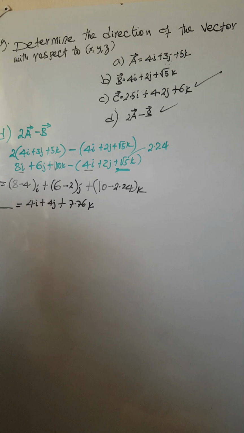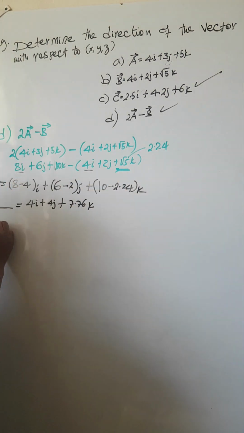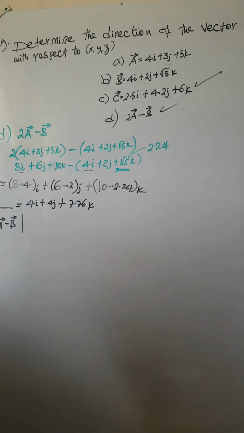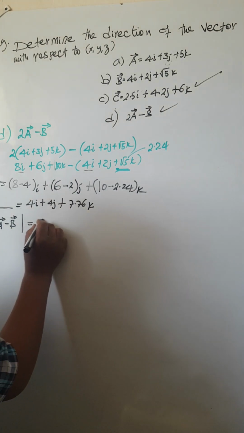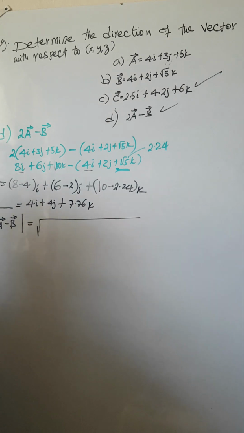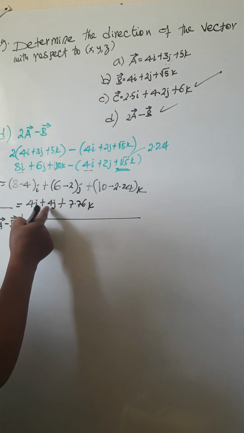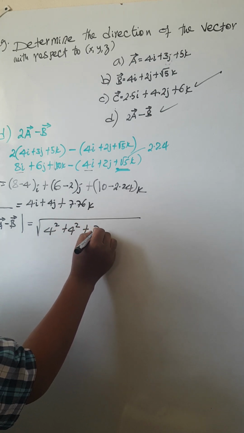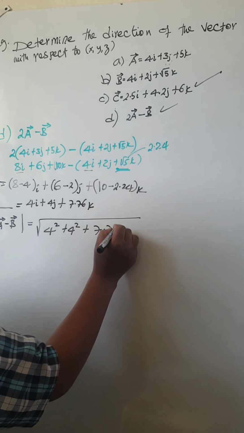Then first we have to find the magnitude of this new vector, 2A minus B. This is equal to the square root of the sum of the squares of the result: 4 squared plus 4 squared plus 7.76 squared.